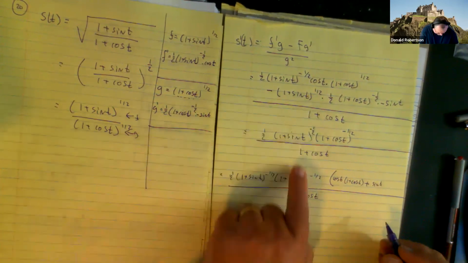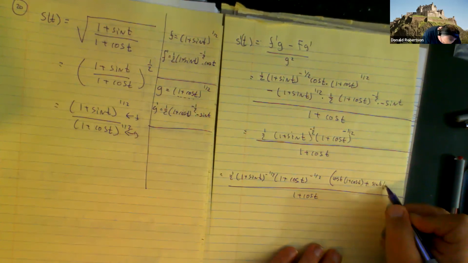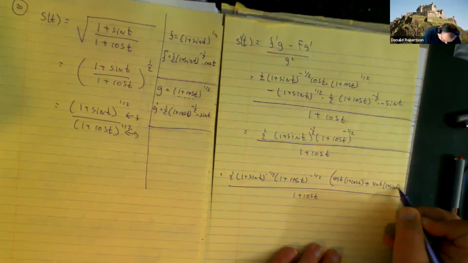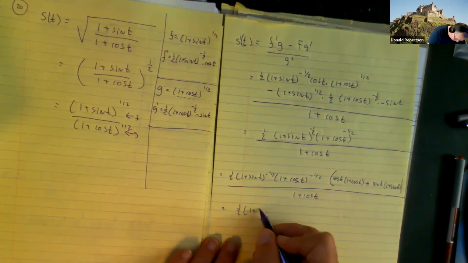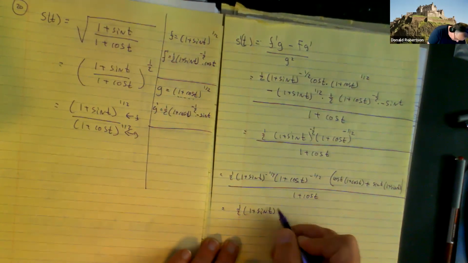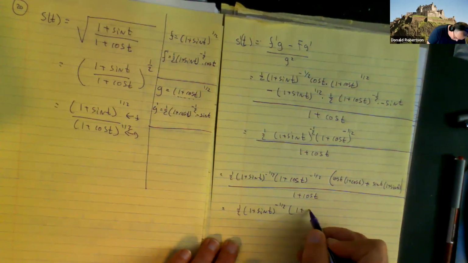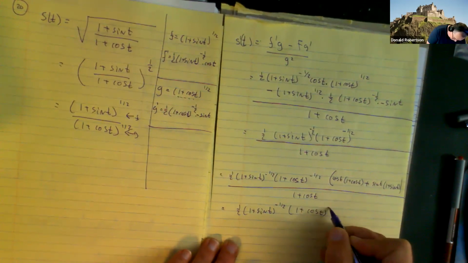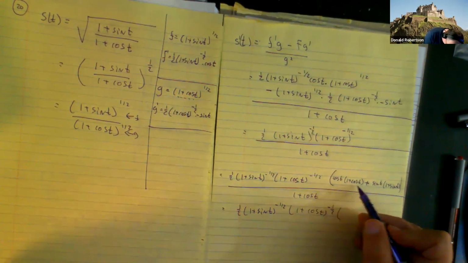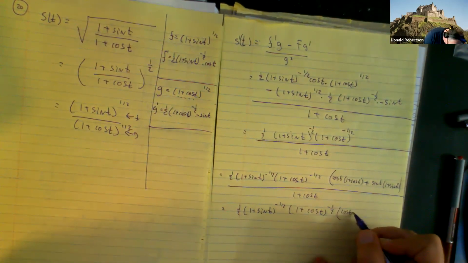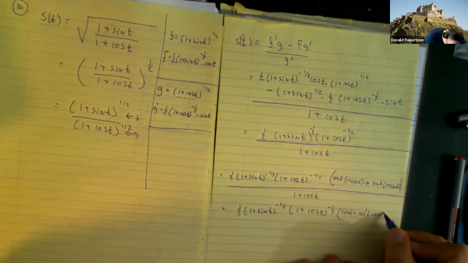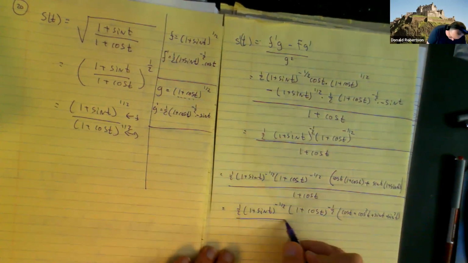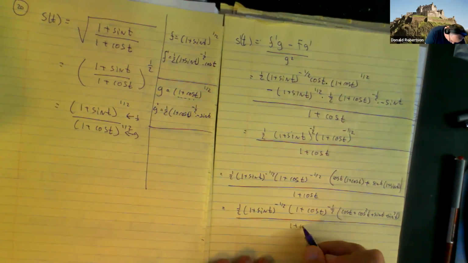And this one, take away negative a half power, gets you a 1 plus sine t. And so I have 1/2, 1 plus sine t to the negative a half, 1 plus cosine t to the negative a half. Distribute this and you get cosine t plus cos squared t. This one gets you sine t plus sine squared t. And the whole thing is still over a 1 plus cosine t.